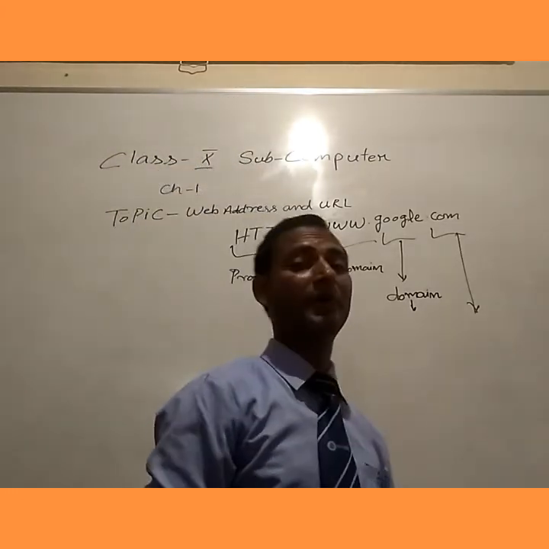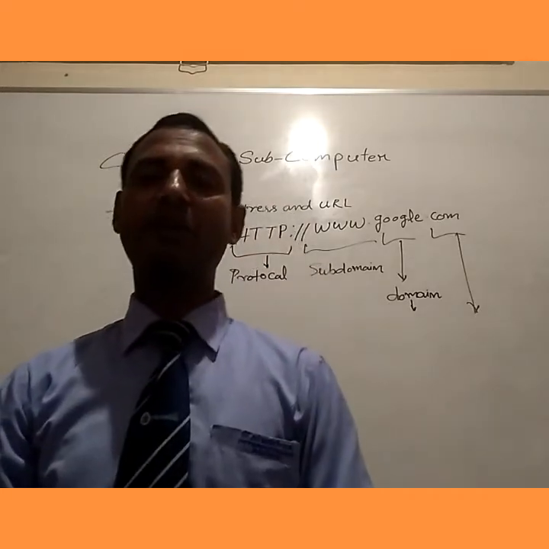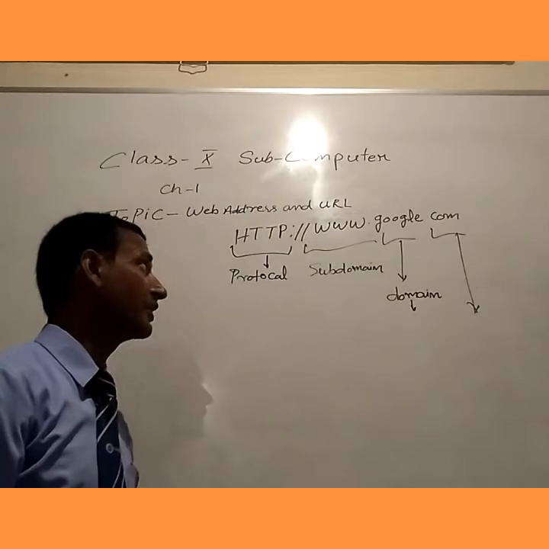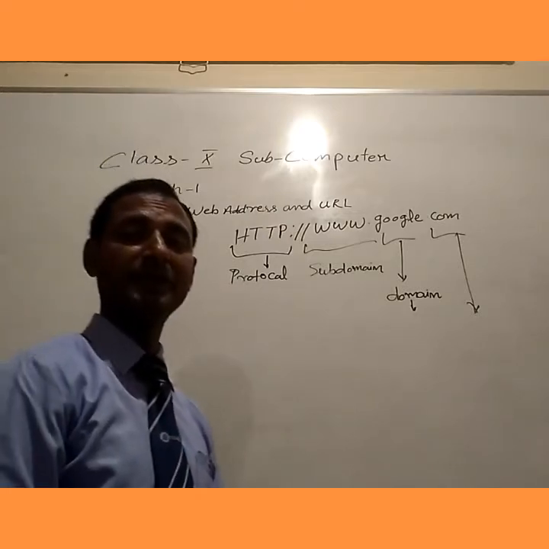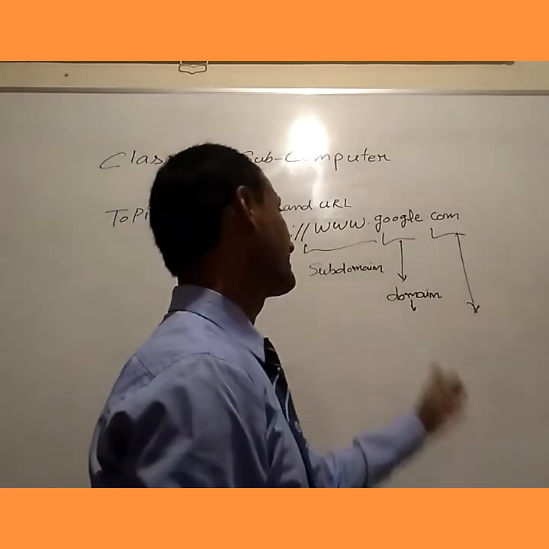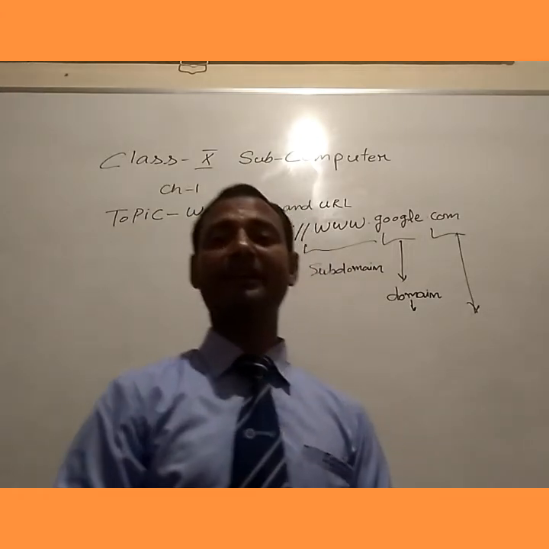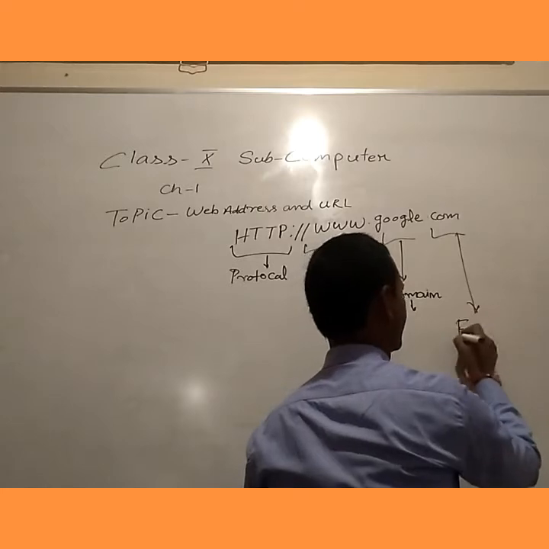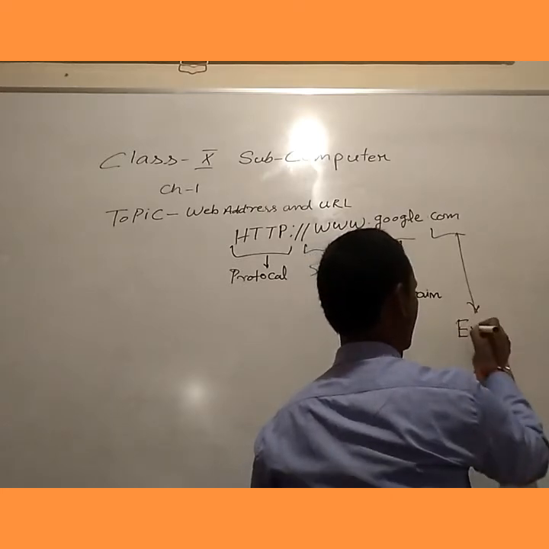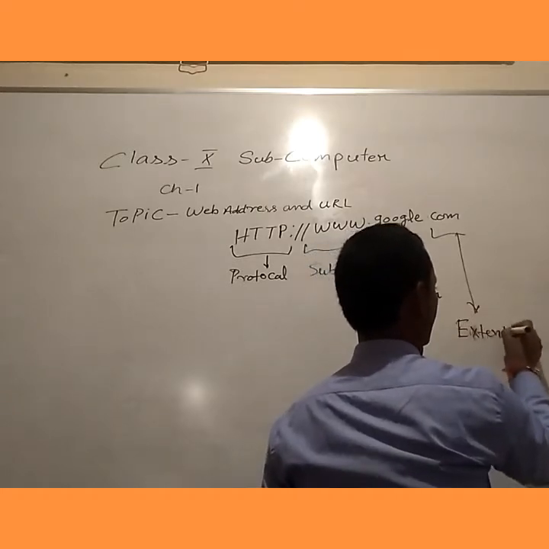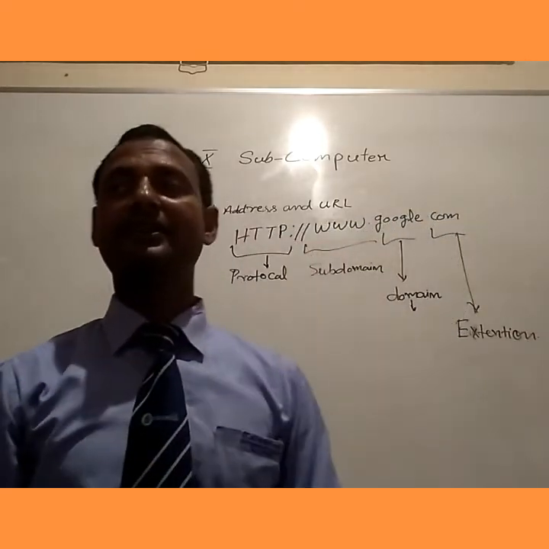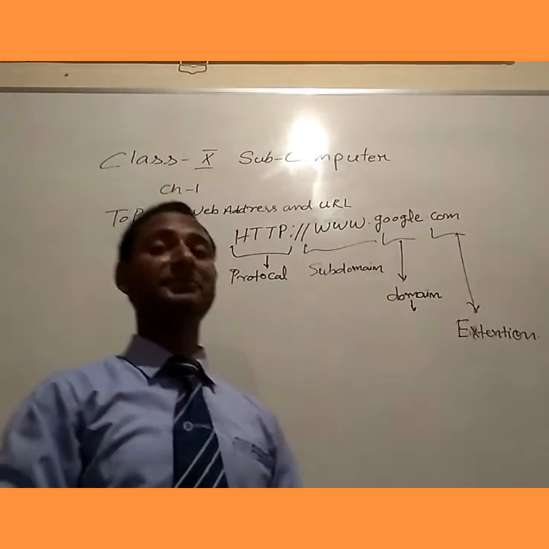Like here we have put .com, that means a commercial website. www.google.com is a commercial website because in the last there is a .com extension. It is called the extension. The extension name defines what the extension of the website is.